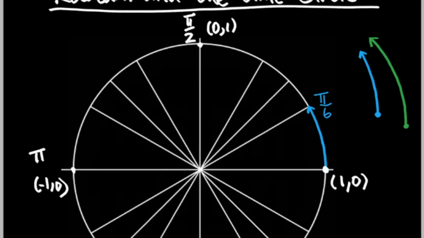And let's just reason with this then. Let's get another pi over 6 and see where that lands us. Just going to put that there, and then rotate it so that it is exactly on the circle, or at least close enough. All right.